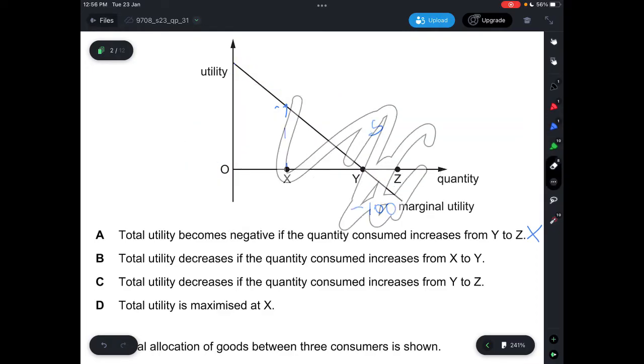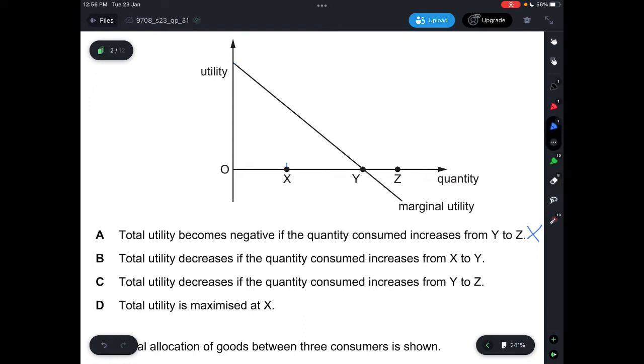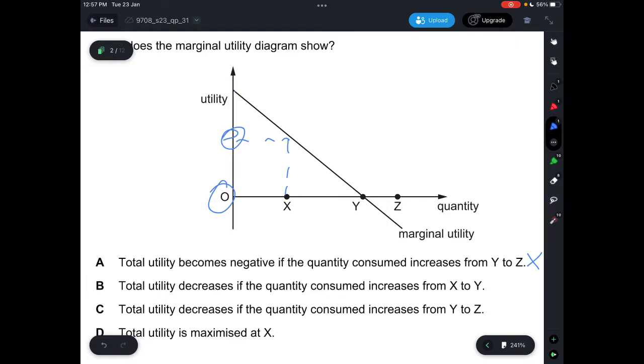Like what I mentioned in the beginning, if you start from quantity X, you get a utility of this number, which is positive, and then at Y, you get a utility of 0. But total utility decreases. This phrase means that the number will then drop.